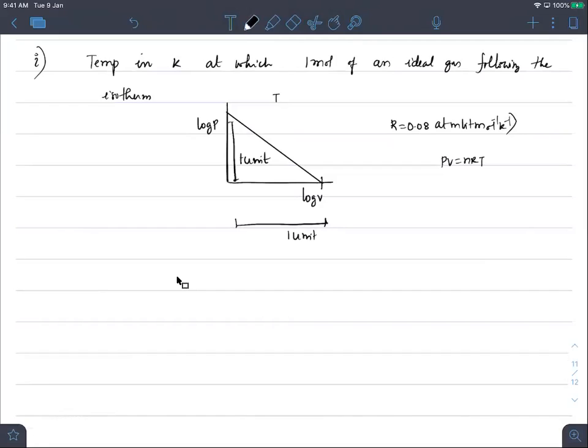We have to use the value of log of 0.08? I don't think that is essential here. Check again. All I can say is if log k is equal to 1, which means k is 10. You know that, right? Yes, sir.